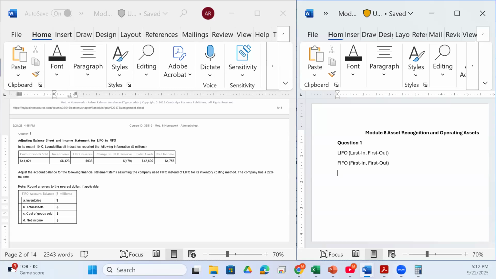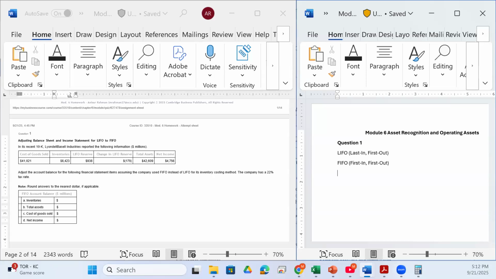As a result, the remaining inventory on the balance sheet has a lower value than the market price. So the inventory balance is underreported under LIFO, and that underreported amount is called LIFO reserve.